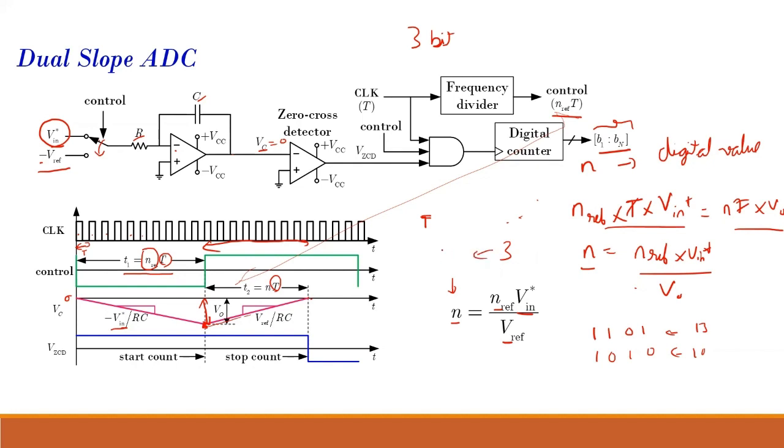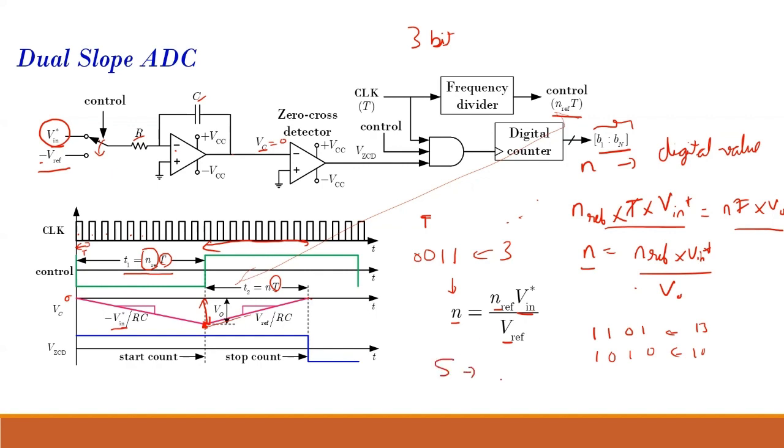Yeah, 0, 0, 1, 1, right, sir? Yes, but it is not equivalent to the binary equivalent of the input voltage given, right? I am giving 5 volts as V in star. But the digital counter is not giving the digital format of the 5 volts, right?